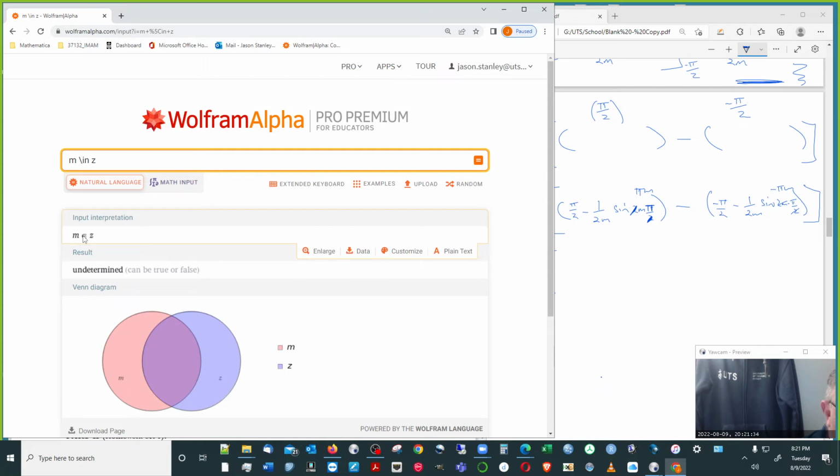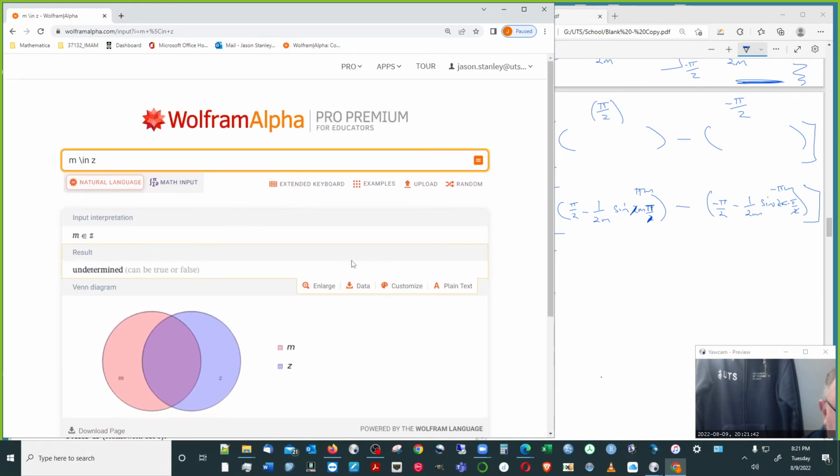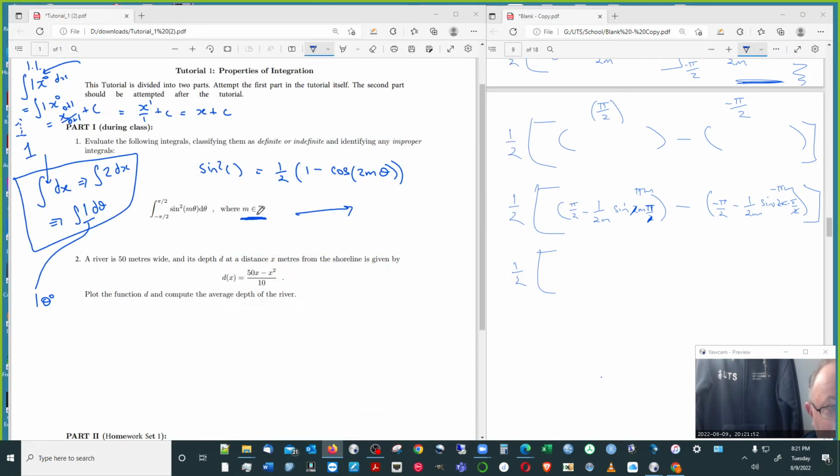Belongs to Z. So m belongs to Z. Okay. So actually it's still not quite giving me what the number set for Z is. Does anybody know? Reals? No, R's are reals. Z is integers. So what this means is that we've got multiples of pi.